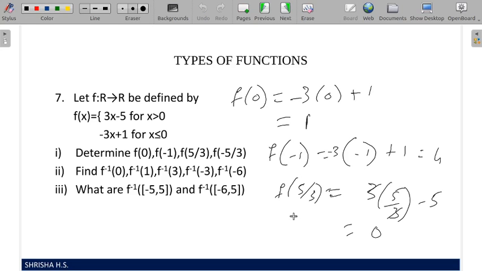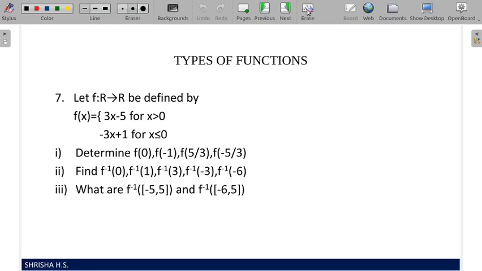So let's see the inverse task we have. f inverse of 0, how to find out? We don't know whether to apply 3x minus 5, or we got 0 by applying minus 3x plus 1. We don't know that. So we have to use both the formulas and see which one suits.